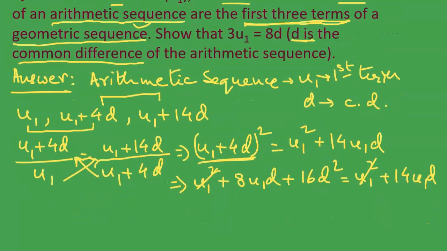And what else can we do? So, we have to show that 3u1 is equal to 8d, where d is the common difference of the arithmetic sequence. So, I can take 16d square is equal to 8u1d, sorry, and this is 14u1d.